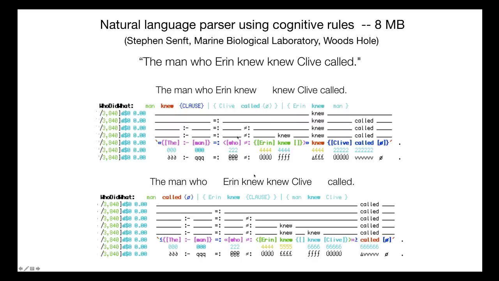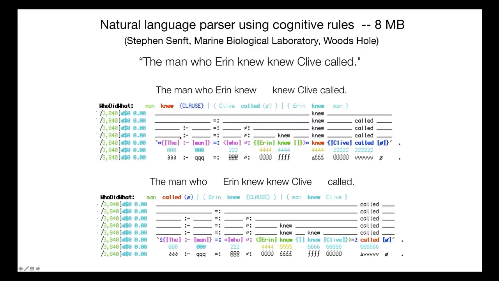you may be familiar with pretty print, which is supposed to be a way of showing hierarchical structure. Steve came up with this other notation, which I think is much clearer. If you just look at this, you can say, well, okay, somebody knew something. Well, what did that person know? He knew that Clive called somebody. Well, over here, who knew something? Well, these guys are all just variations on those left and right component of symbol.